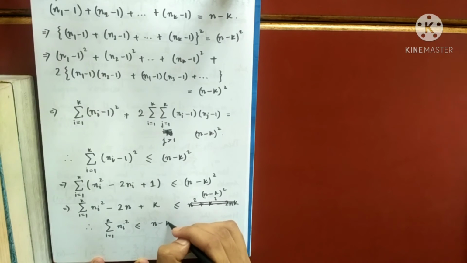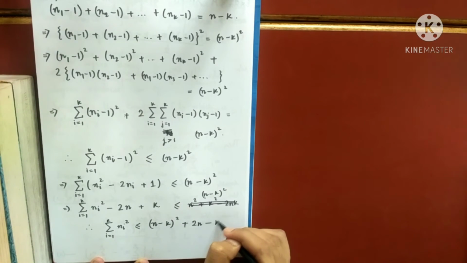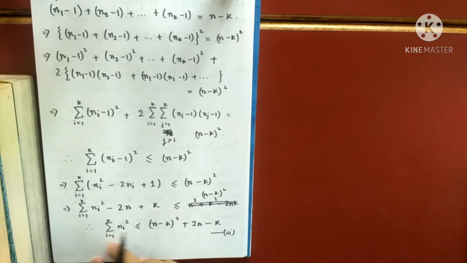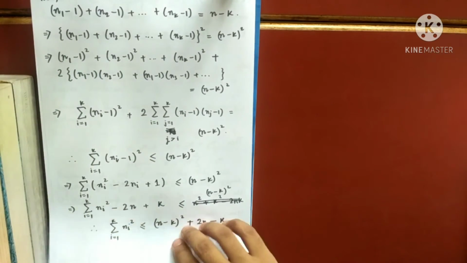So this is (n minus k) whole square plus 2(n minus k). This is equation number 3. I wanted to get an estimation for summation ni square, and I have got it. Use 3 and 1 in 2.